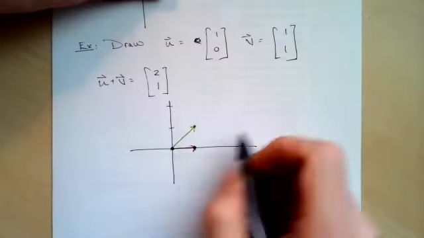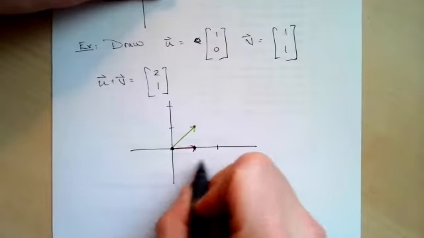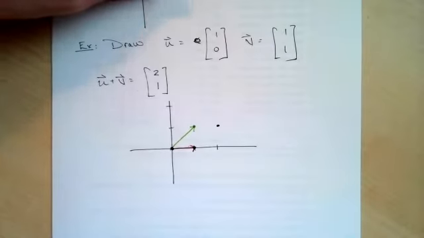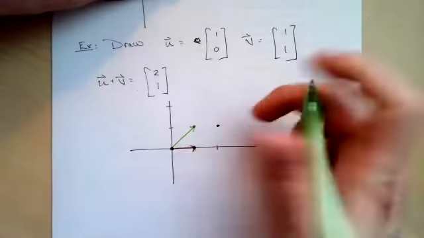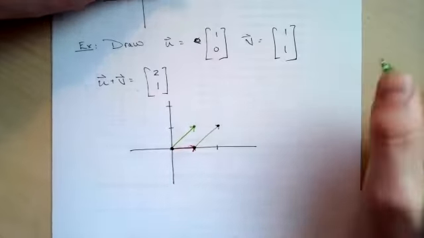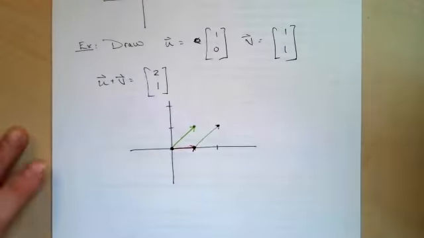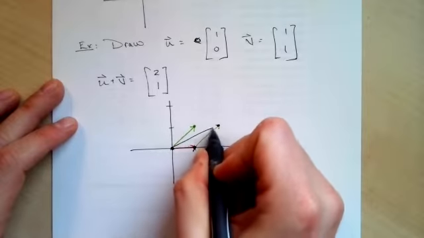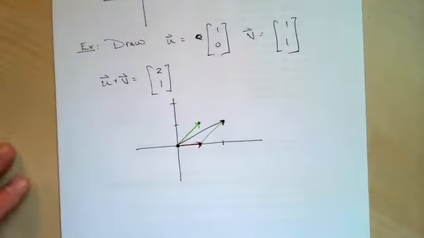Whereas the point 2, 1 will be over 2 and up 1. And we can see now that if we follow our geometry and if we translate v starting from the tip of u, then the resulting vector we draw from the origin gives us 2, 1.